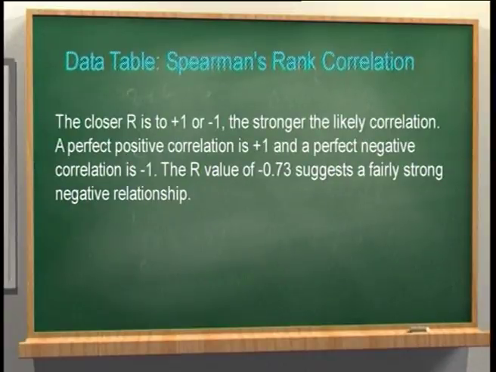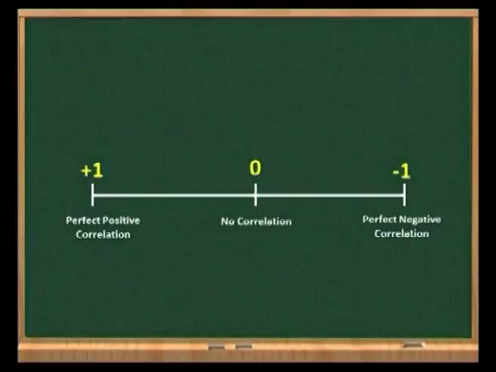The closer r is to +1 or -1, the stronger the likely correlation. A perfect positive correlation is +1 and a perfect negative correlation is -1. The r value of -0.73 suggests a fairly strong negative relationship.